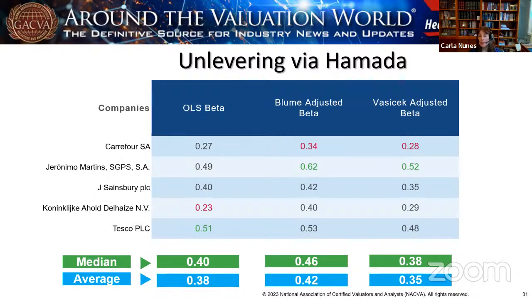But using operating leases when unlevering does matter a lot for the kinds of betas we are looking at in terms of underlying business risk. They were quite wide in terms of just the OLS and the levered betas. Now these unlevered or asset betas are a much tighter range.